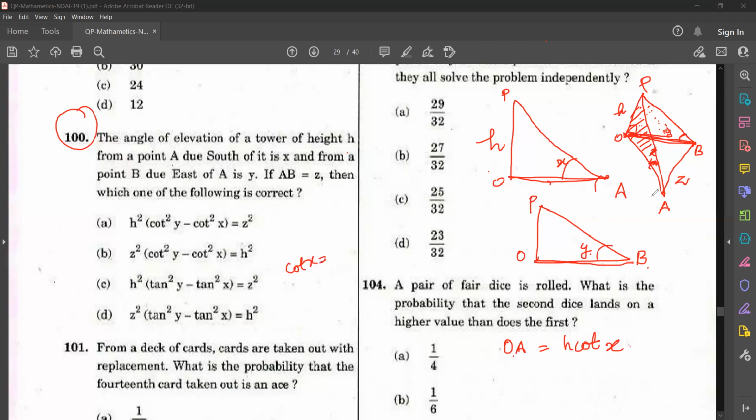So adjacent is OA, and opposite is H. So OA is H cot X. Then what about OB? OB is nothing but H cot Y. OA is H cot X, OB is H cot Y. So OA and OB I got.